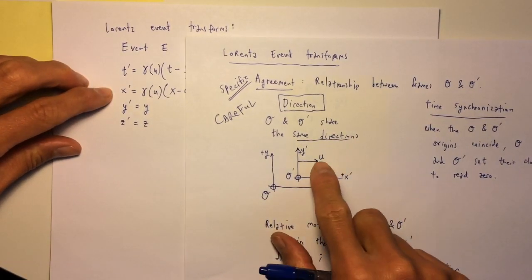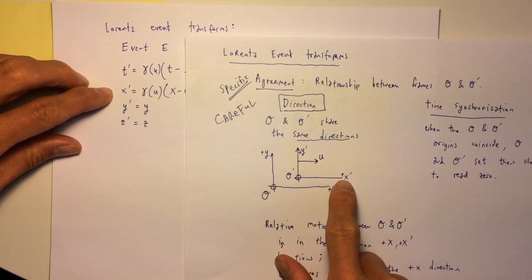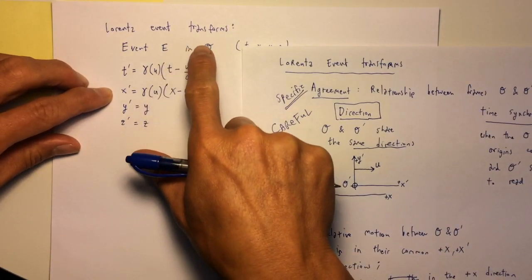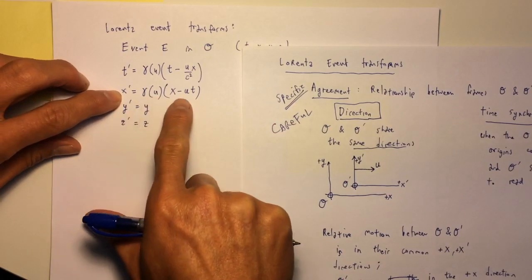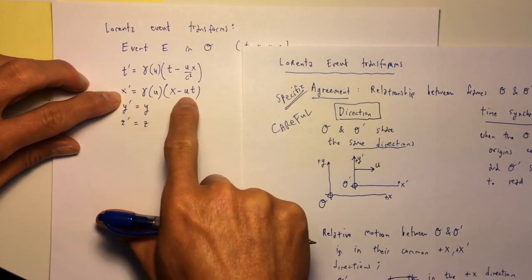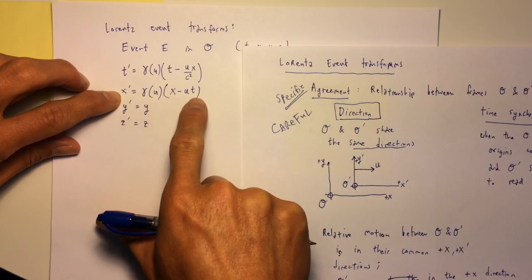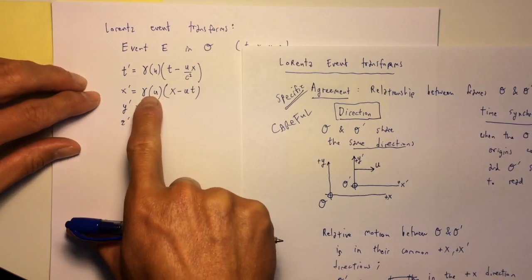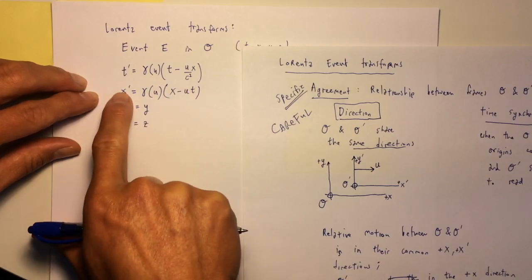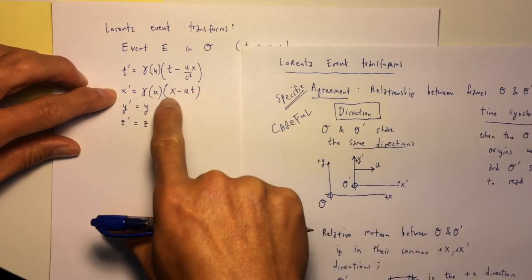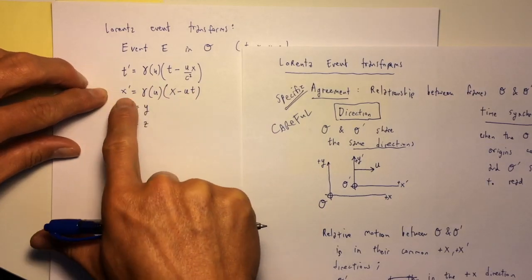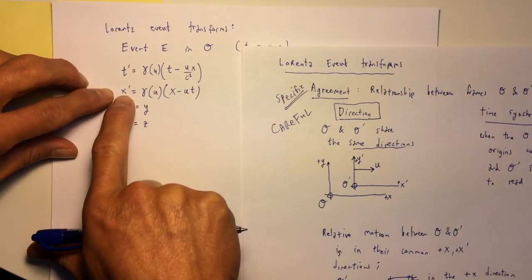Since the relative motion is in the common x direction, then the transform is only really going to make a big change in the x direction, right? And so the x direction transformation from O to O prime has a mixture of space and time in O to understand how x prime will get measured by O prime.